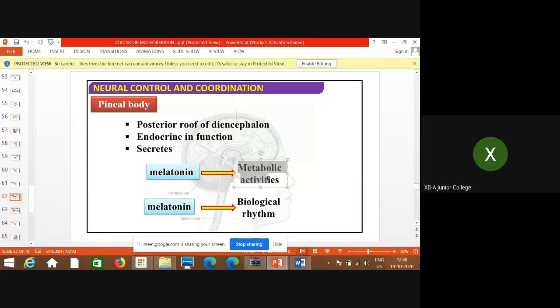What is the role of melatonin? It is involved in different types of metabolic activities, and also in biological rhythms. Do you know the meaning of biological rhythms? Most organisms work as per biological rhythms. With circadian rhythms, an activity is done only at that particular period. For example, when we wake up in the morning, our body works as per the biological clock.